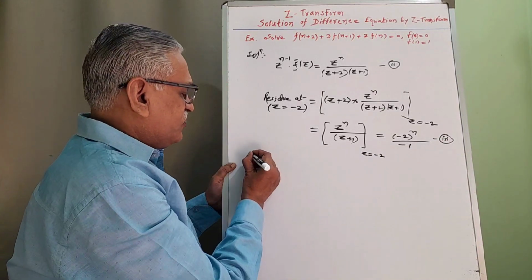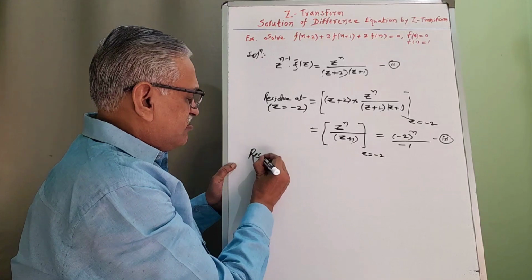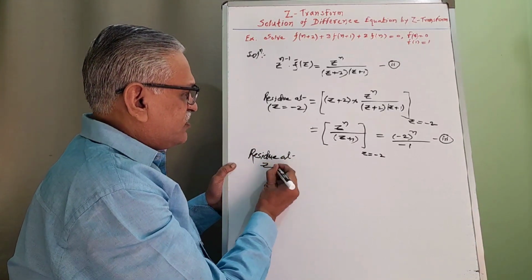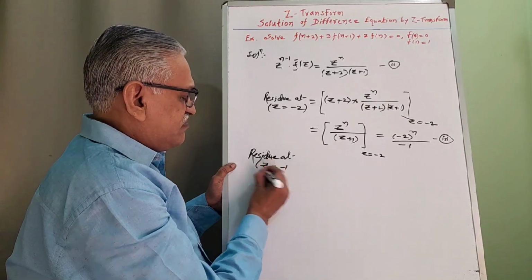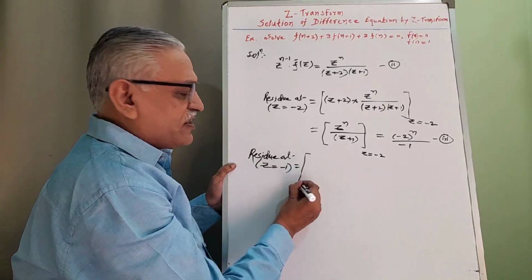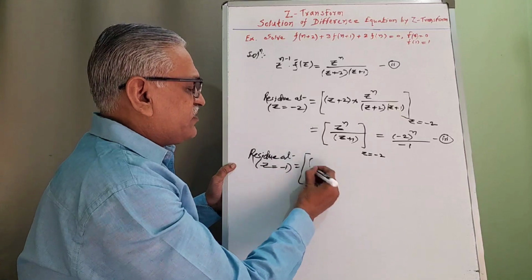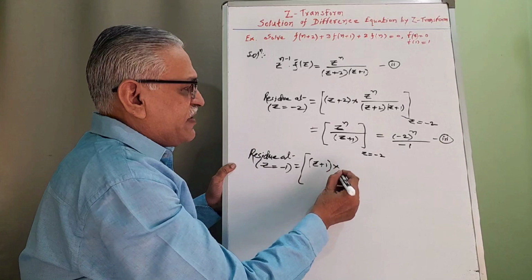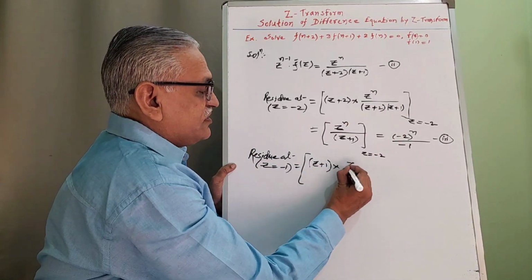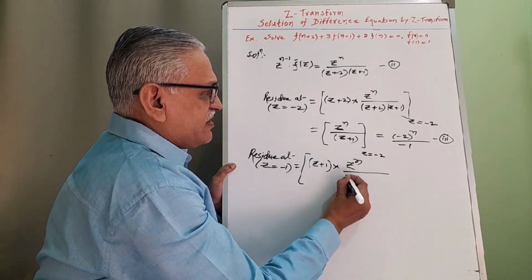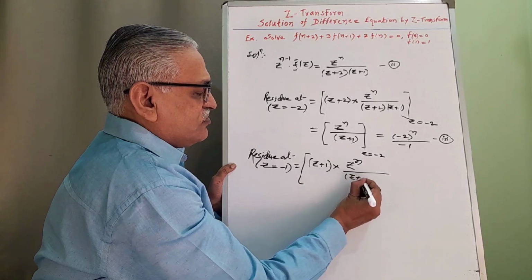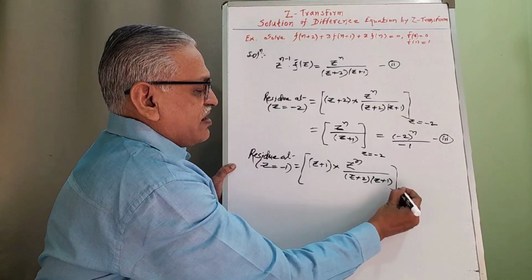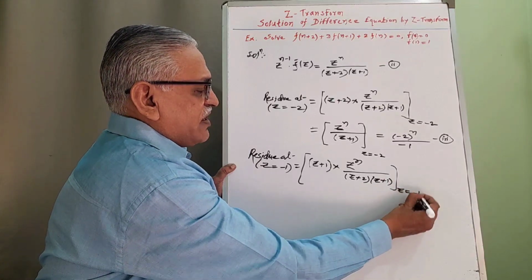Then second residue, residue at z is equal to minus 1. Again applying the same formula, z minus a, z minus minus 1, it becomes z plus 1, multiplied by this term, that term is z raised to n divided by z plus 2 into z plus 1 at z is equals to minus 1.